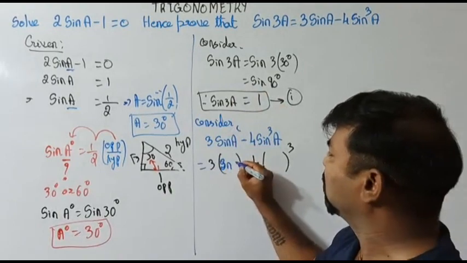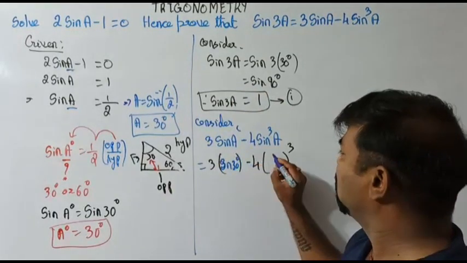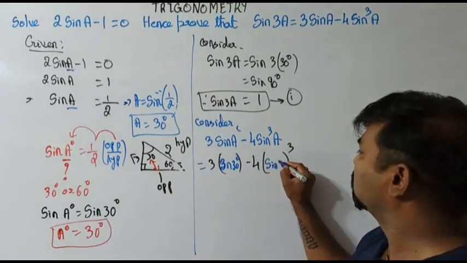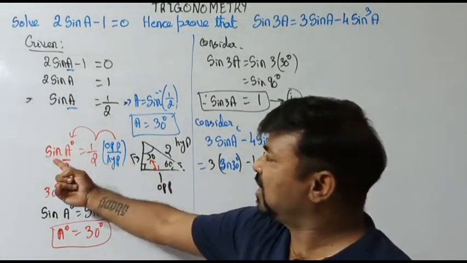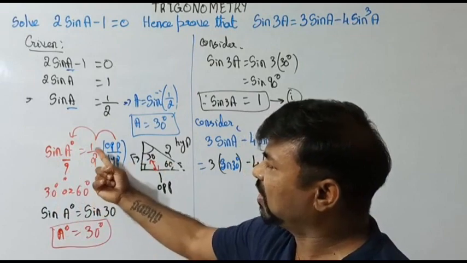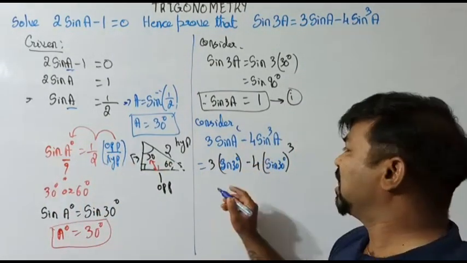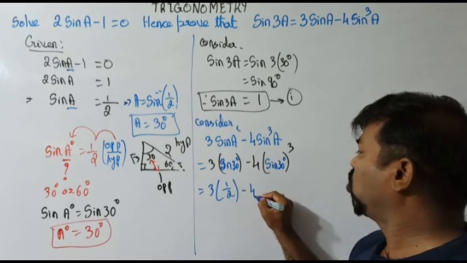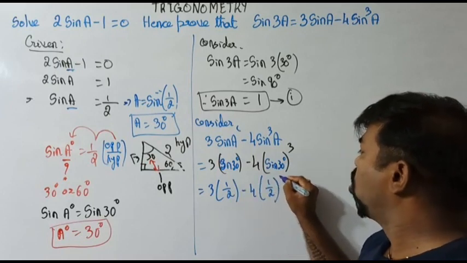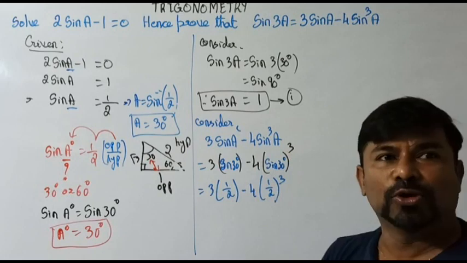A is nothing but 30 degrees. Sin 30 degrees here and again sin 30 degrees here. Sin 30 is nothing but 1 by 2. Let's plug in: 3 into 1 by 2 minus 4 into 1 by 2 whole cube. We have a cube there.